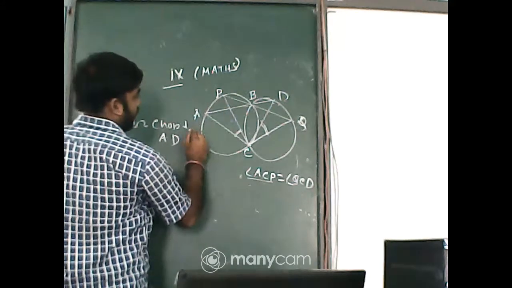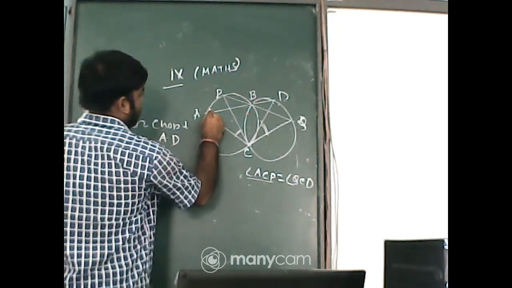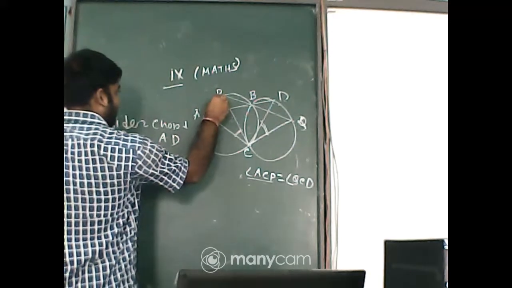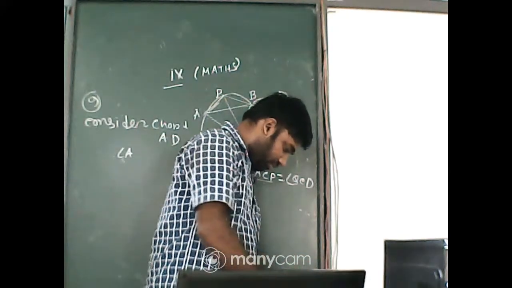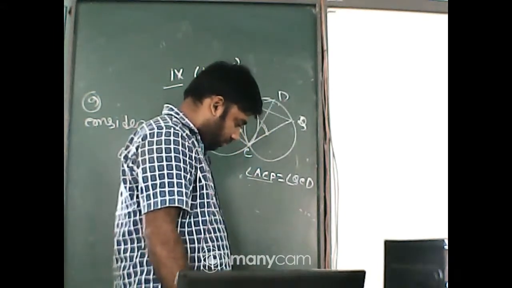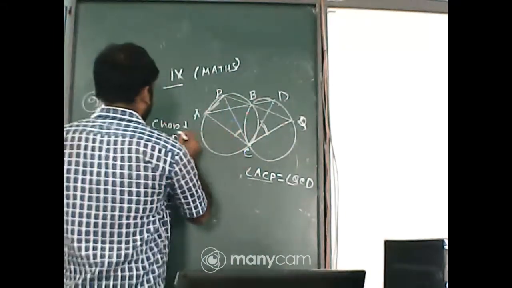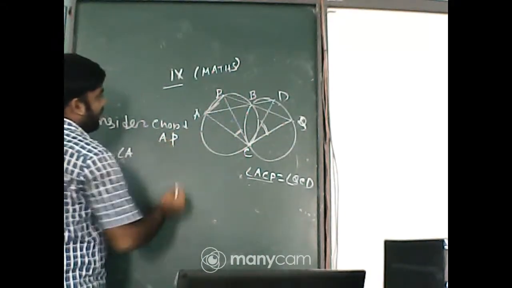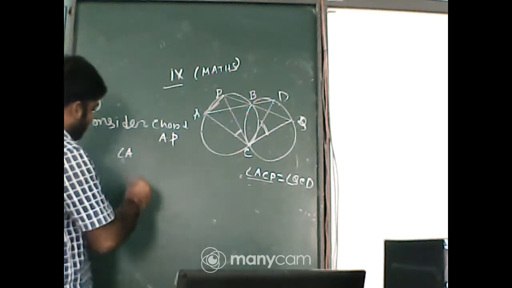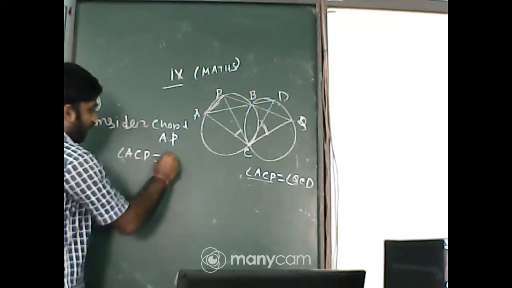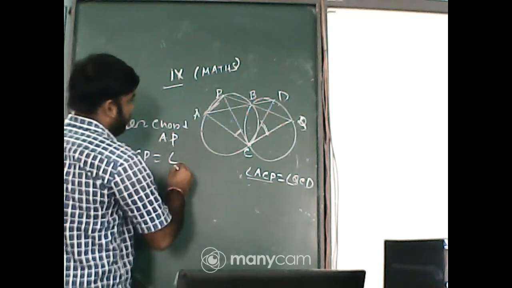Consider the chord not AD, that is AP. Consider the chord AP. Okay. Then what can you say? That angle ACP equal to angle ABP.